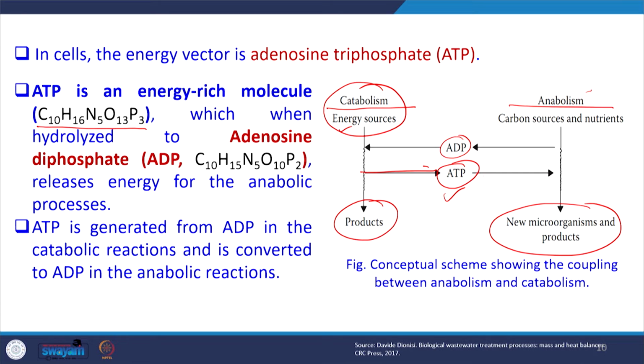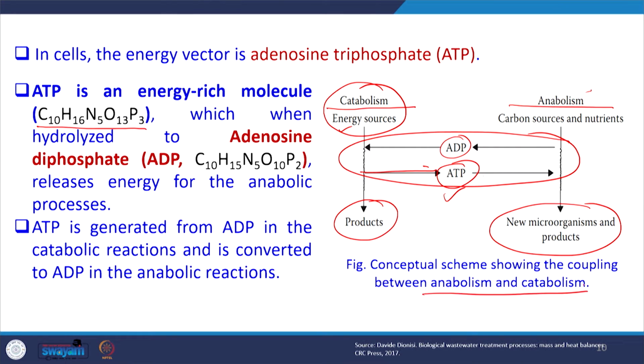ATP is generated from ADP in the catabolic reactions and is converted to ADP again in the anabolic reactions. This whole movement takes place from ATP to ADP and ADP to ATP, vice versa, thus exchanging energy between the catabolism reactions and the anabolism reactions.